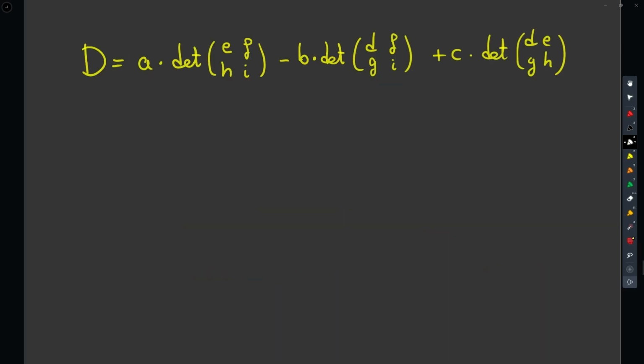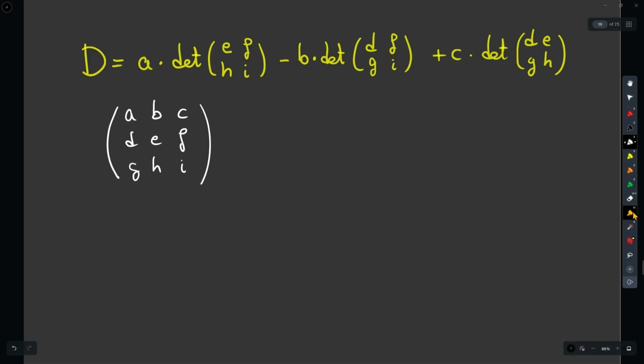Where are these expressions coming from? Well, remember that I have a matrix A, B, C, D, E, F, G, H, I.